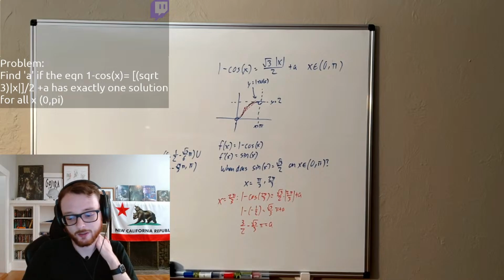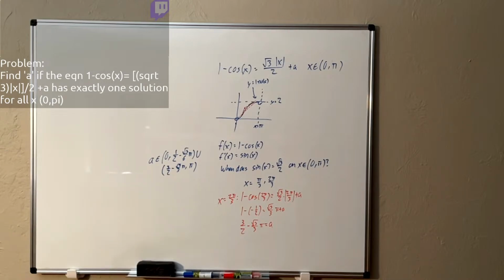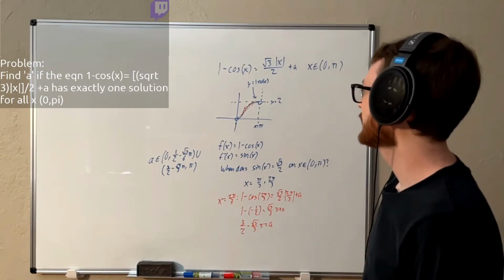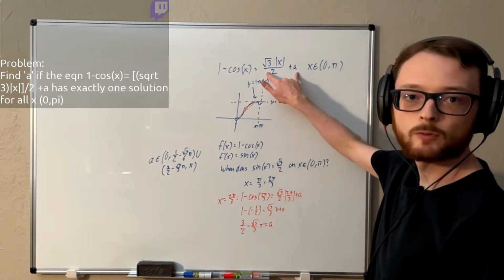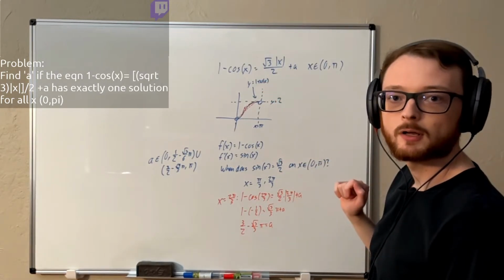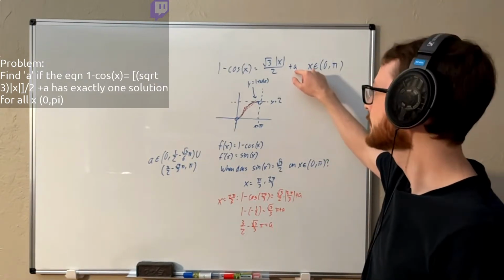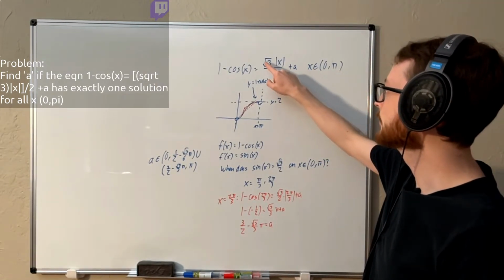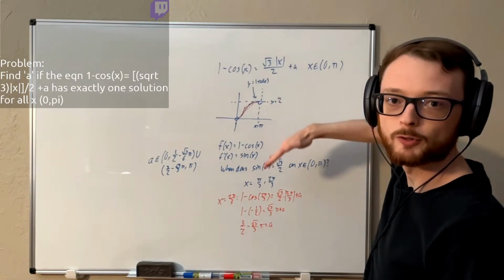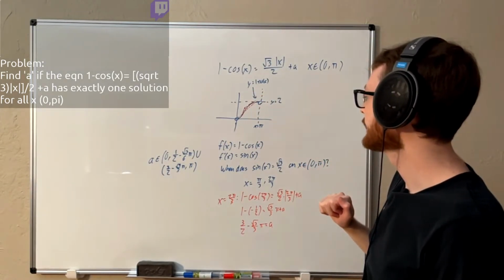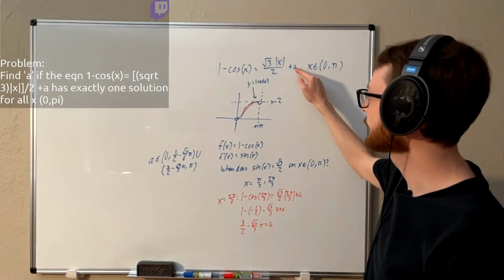Yeah, I'll explain again first. What I did is I noticed on the right we have a linear function. And what this A allows us to do is shift a line of a given slope, root 3 over 2, up or down vertically. So we can define what vertical displacement we actually want.